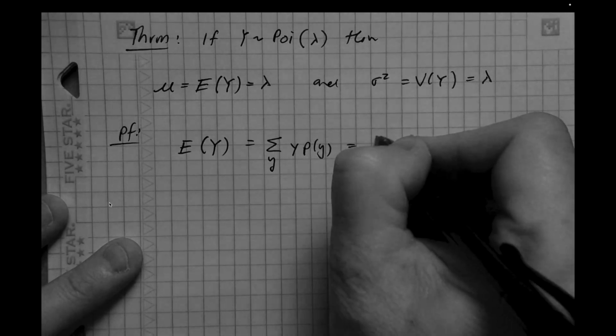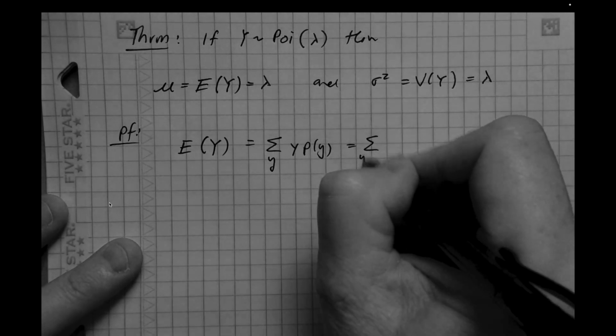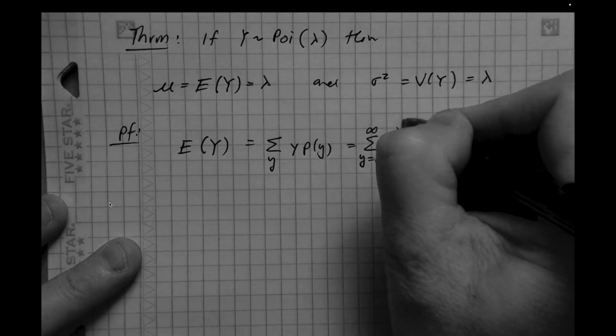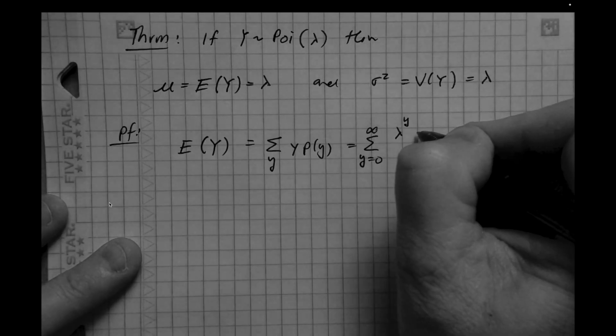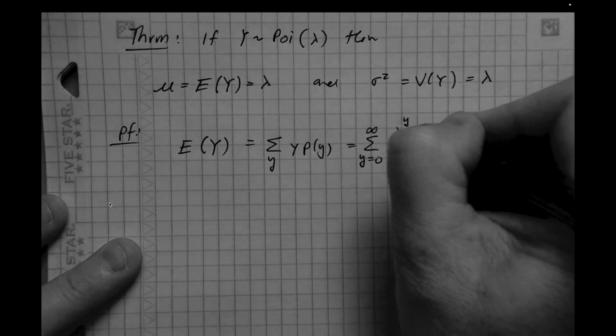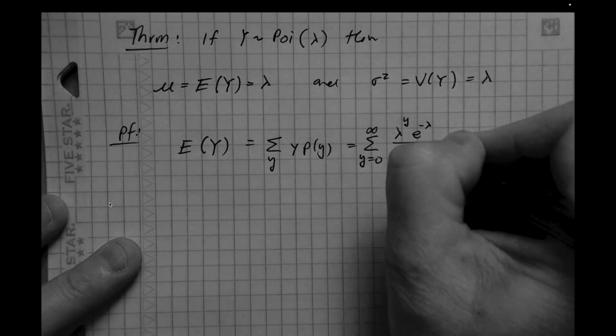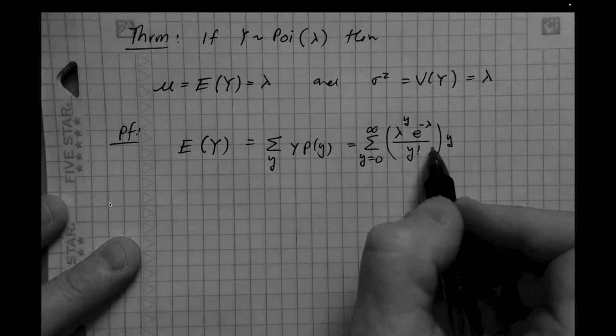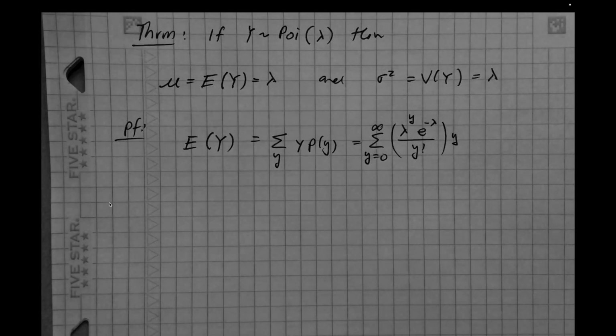Okay, and that's equal to the sum from y equals 0 up to infinity of y times lambda to the y power times e to the negative lambda over y factorial. I forgot the y, so I put it back here. Usually I put the y on there, don't forget that.